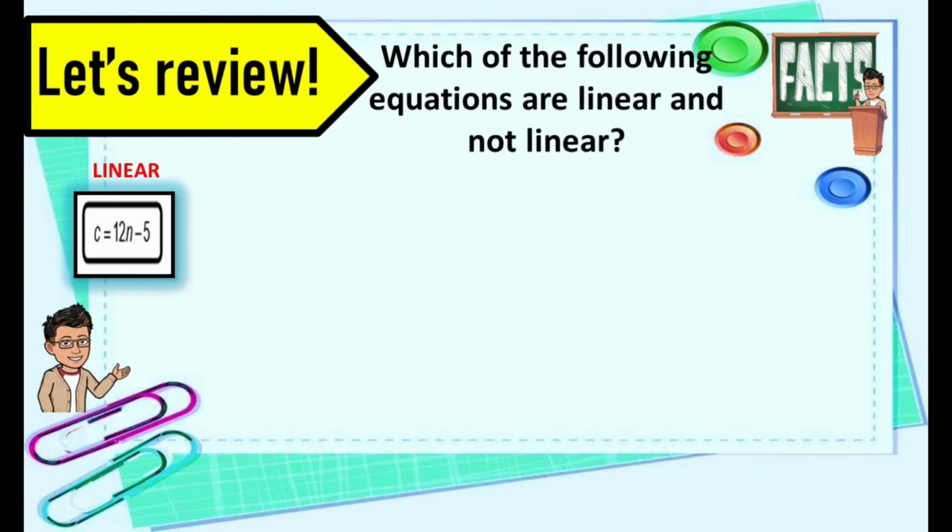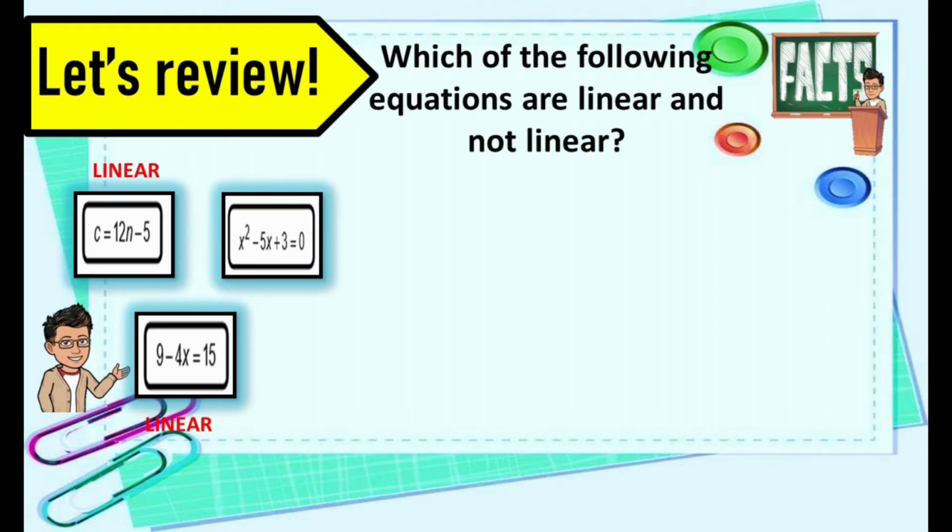Let's have number 2. 9 minus 4x is equal to 15. Is it linear or not linear? The correct answer is linear, since again, the highest degree is 1.